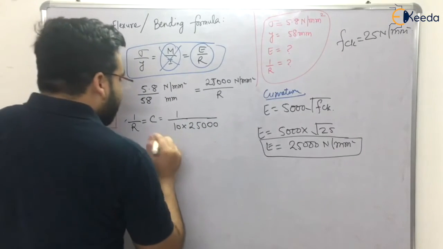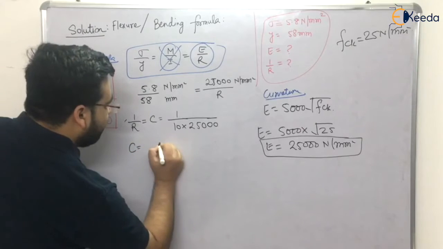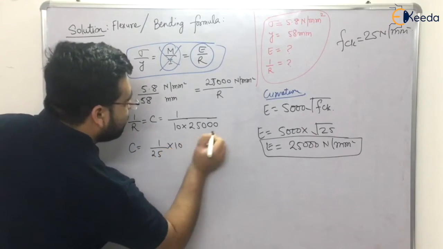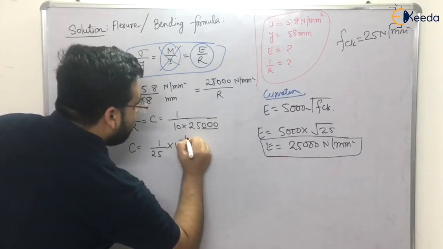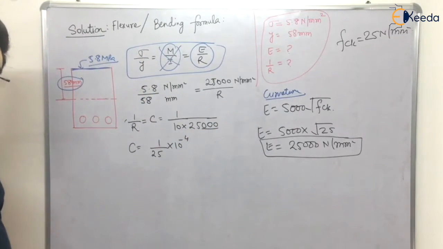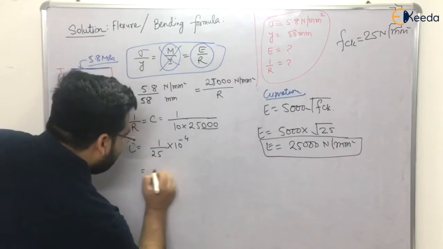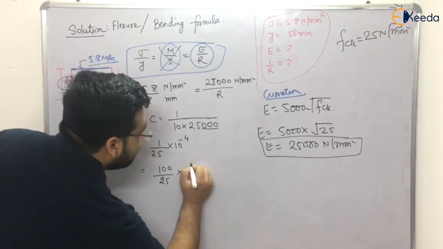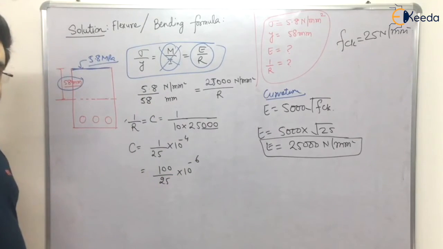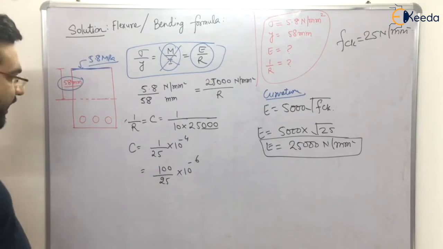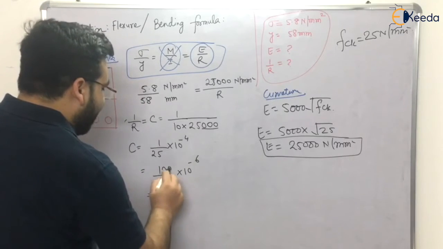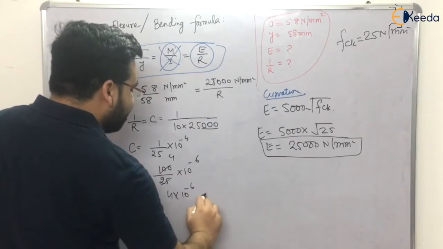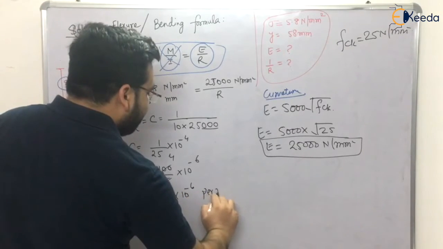Now let me write it like this. So curvature will be equal to 1 upon 25 into 10 raised to power 4. Now it will be equal to 100 divided by 25 into 10 raised to power minus 6 multiplied with 100. So it will be equal to 4 into 10 raised to power minus 6 per mm.